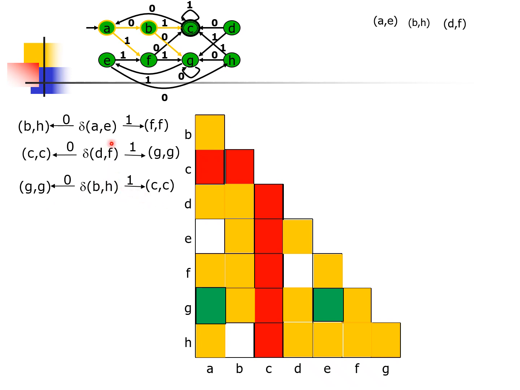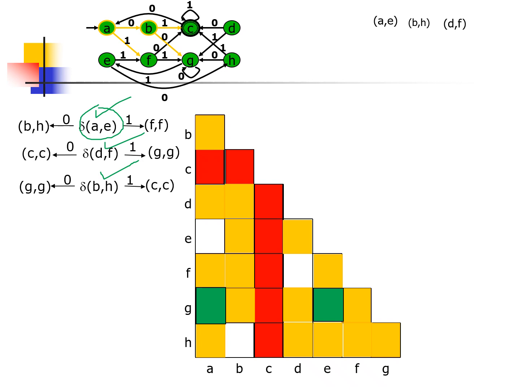Then these three pairs of states are not distinguishable because both are the same. A is nothing but E, D is nothing but F, B is nothing but H. Both are not distinguishable. Both are the same. Then how do you write them?